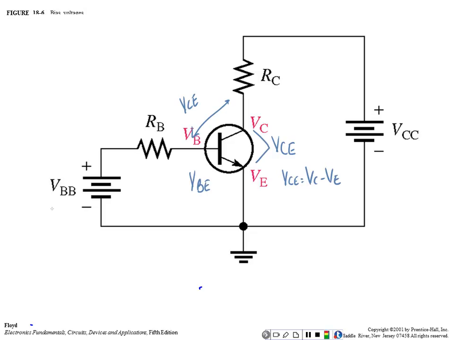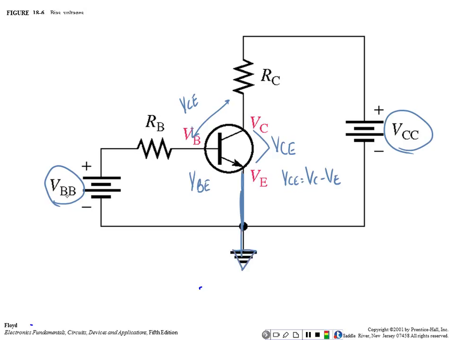Now, power sources are given their name depending on what lead they are connected to. That is not common. So right now we don't have a VEE because the emitter is what? The emitter is common.